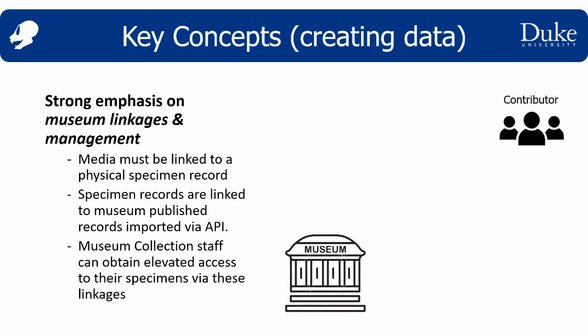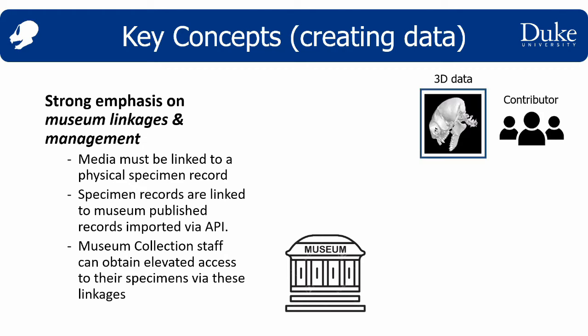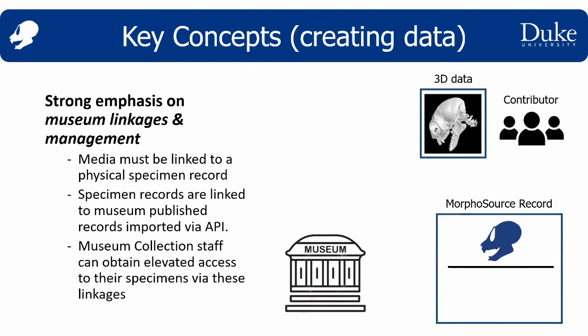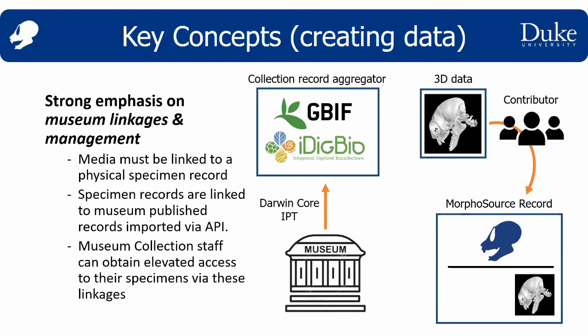Once the 3D data are created, the final MorphoSource record ideally represents a joining of 3D data uploaded by the researcher with museum published specimen metadata imported from an API. So MorphoSource records are, in an ideal sense, a collaborative contribution of individual researchers and museum published records.